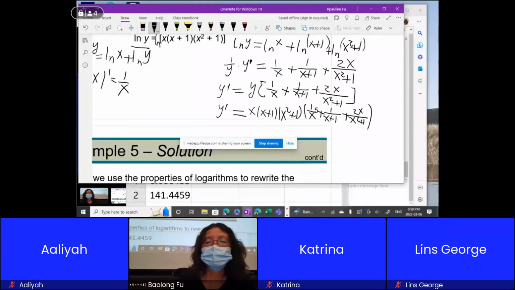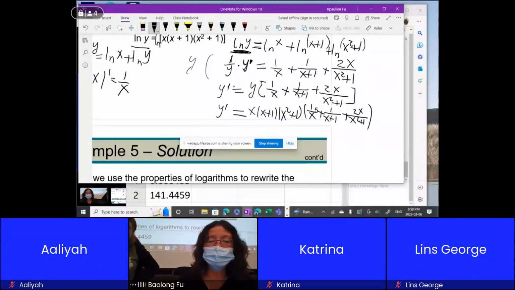Okay, the original left-hand side is ln y. Take the derivative of ln y, it is 1 over y times the derivative of y, right? And then both sides times y. You have y cancelled.